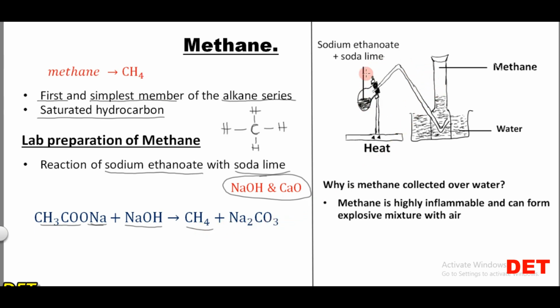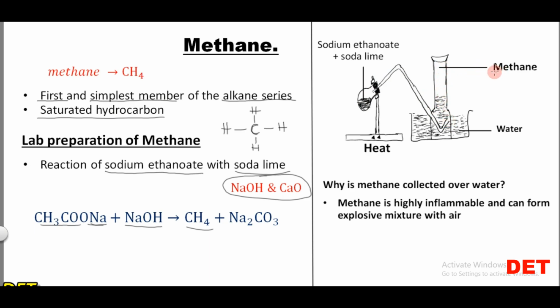This is a setup for the laboratory preparation of methane. This is a mixture of sodium ethanoate and soda lime. When you mix sodium ethanoate and soda lime together and then heat it, methane will be produced. That methane will pass through here and be collected over water, and the methane will go up.